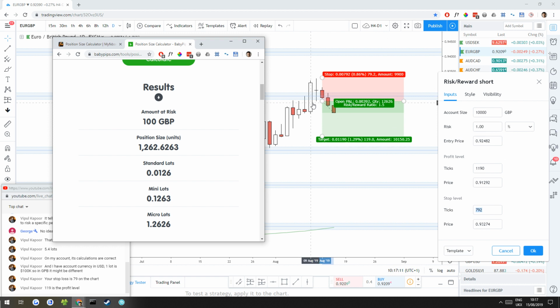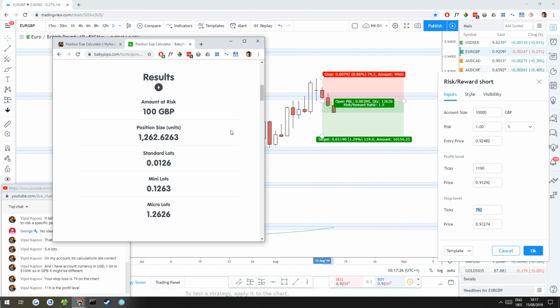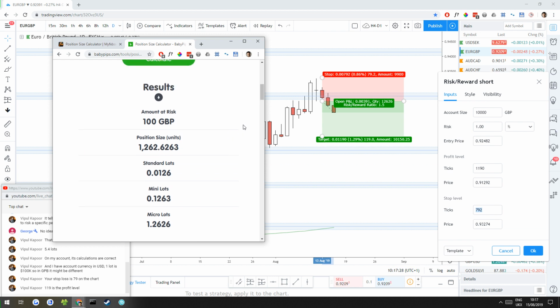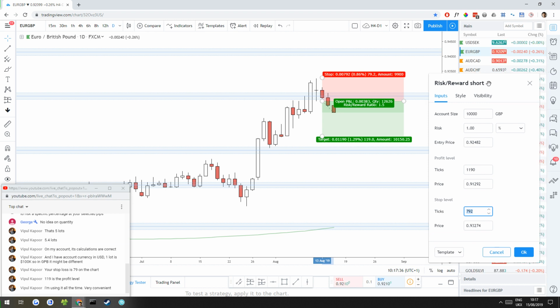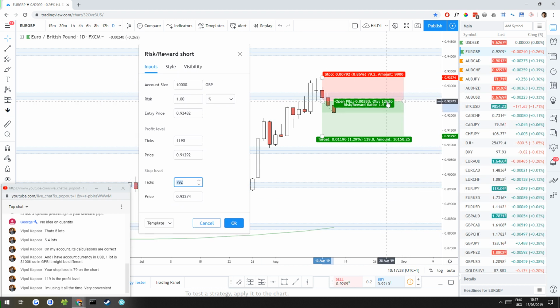But yeah, this is cool. Don't get me wrong. I just hate having to do the math in my head to convert units to lot size, because you have to. But it's cool. It's a nice step forward. I really like that they've added this to the tool. I'm just not a fan of how they're displaying the quantity.